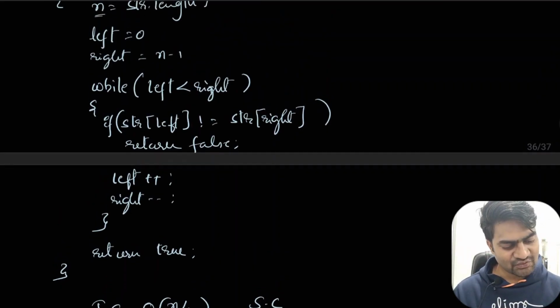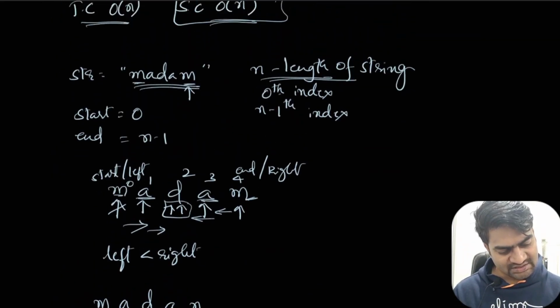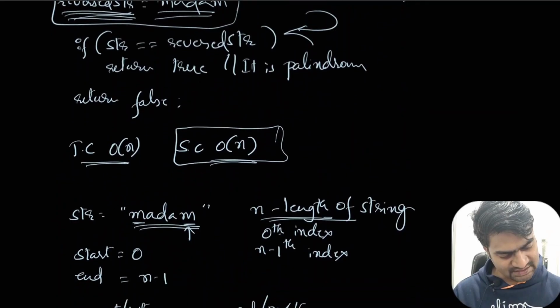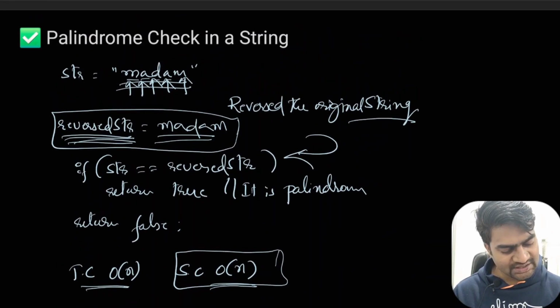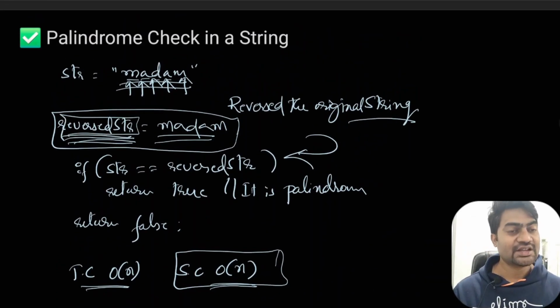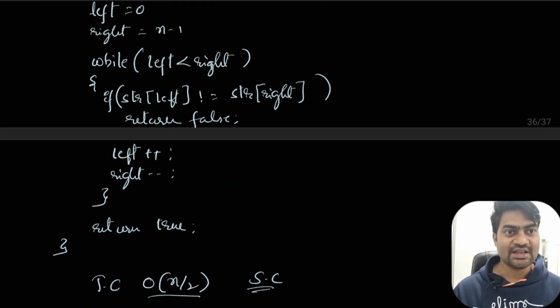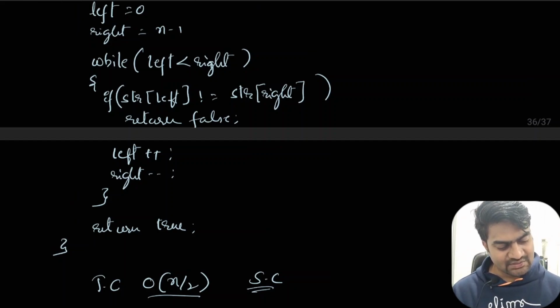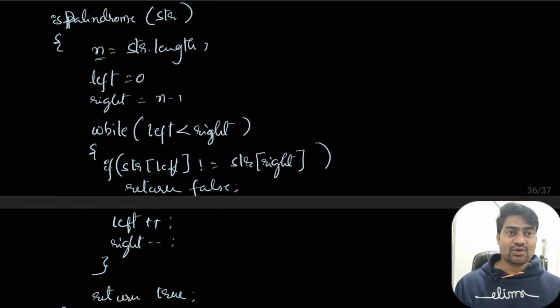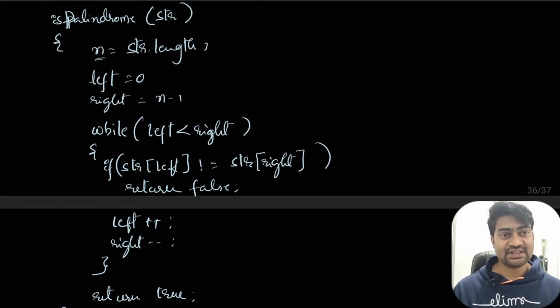In the brute force, we used extra space to store the reverse string, but that is not the case here in the optimal solution. So this is how we use the two-pointer technique to optimize the space. Okay, so hope this explanation is clear with respect to two-pointer.